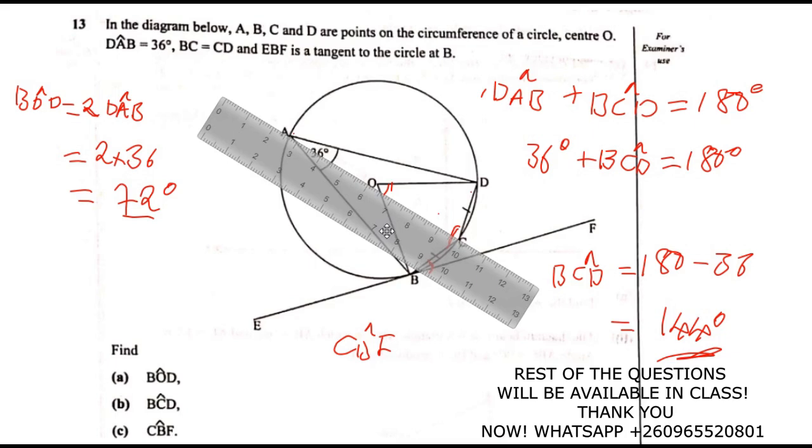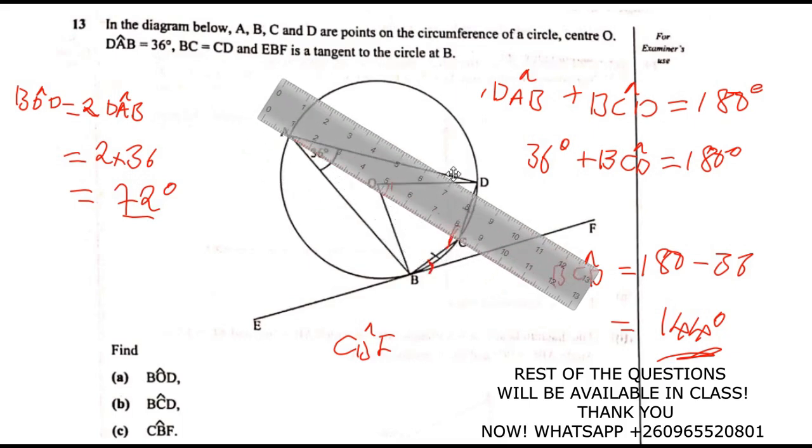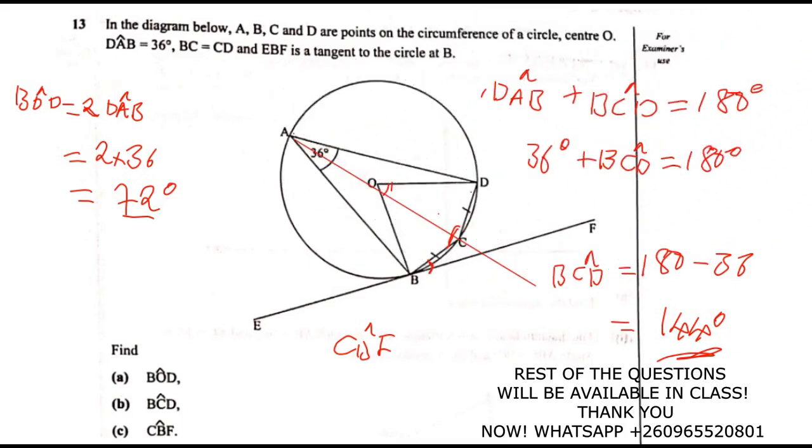So we're going to grab a ruler and place it just right here so that we cut this kite into equal segments, like that. So now we have cut this kite in two equal segments, and we get rid of the ruler.